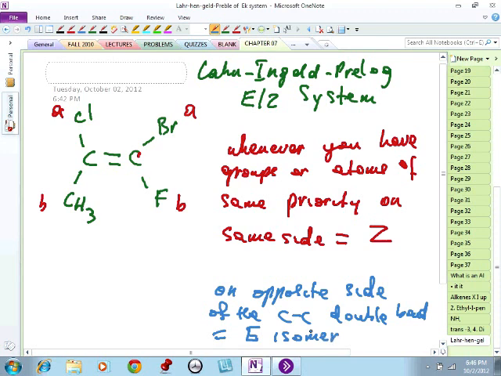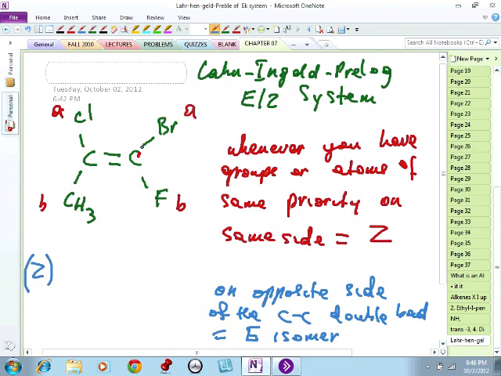Okay? So therefore, how do we name this one here? Okay, we have the priority A on this side, priority A on this, so that would be the Z isomer. So therefore, to name this molecule, we say Z, put in parentheses. Z, and then you give the name as you normally give it. What will be the parent chain?